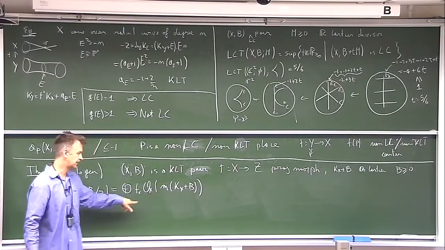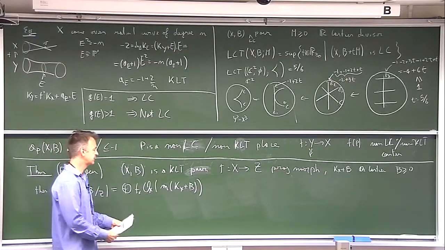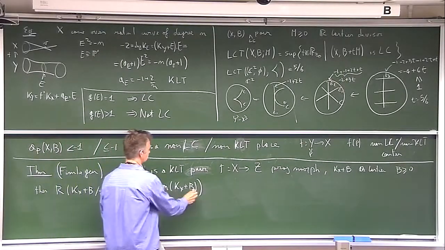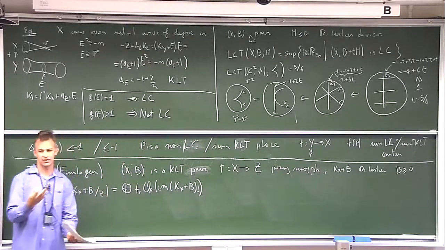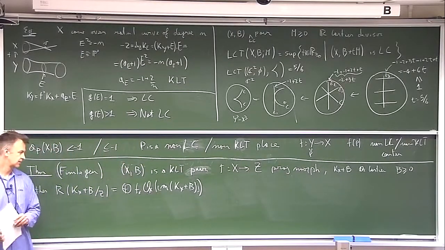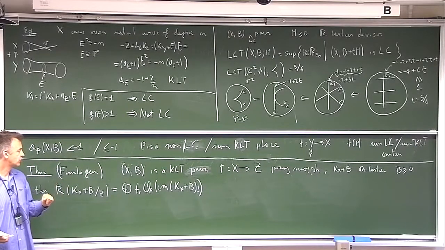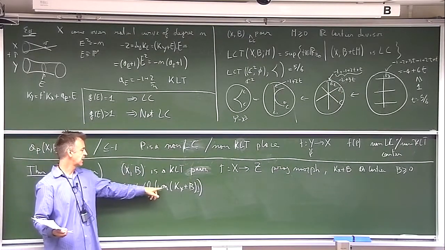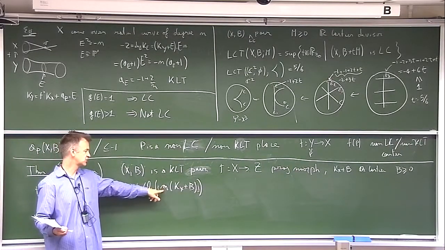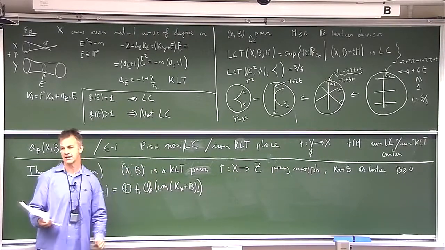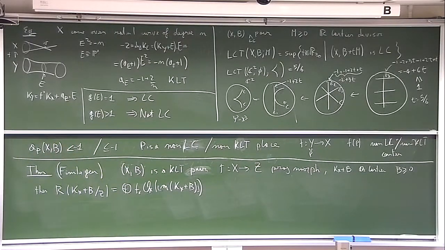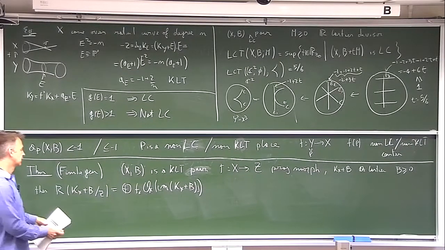So what does this symbol mean? What it means is you just round down those coefficients, take the greatest integer that's less than or equal to that. If you think through the definition, that's what it automatically means. Or you can just think of this object as only being defined for m sufficiently divisible so that it is actually an integral divisor. So if this is the first time that you run into this, you just want to think of those as being integral divisors. You're not really losing anything.